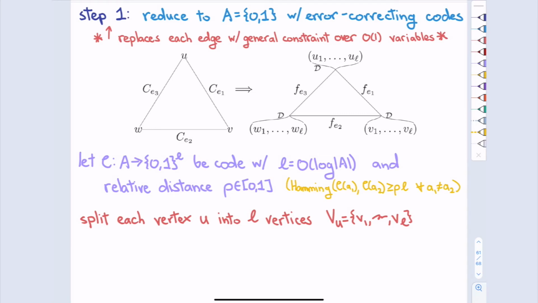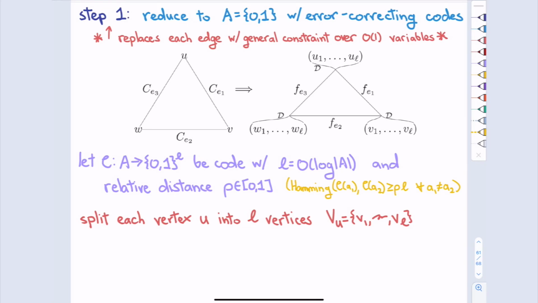That means that if I have any two words that aren't the same, and I look at the distance between the two code words, which are in some higher bit space, I want them to be far apart, so that nearby things will be decoded correctly. I want it to be at least rho times L for some constant rho, where L is the total number of bits, say L over 2 or something. So we're going to split each vertex into L vertices, where L matches the output length of the code.